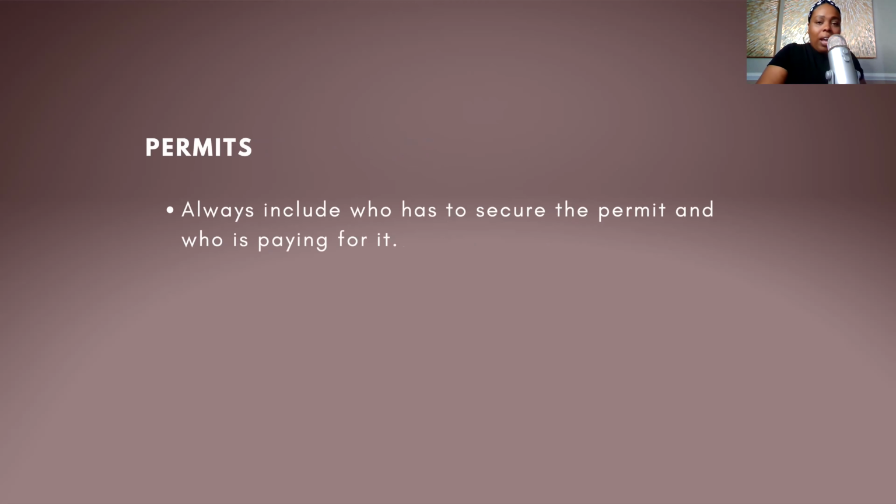Permits. So a lot of clients are interested in shooting in different locations. This applies to weddings. This also applies to a lot of other shoots, right? So if you're going to a really cool location, a lot of times, especially in major cities, there are permit requirements. And a permit requirement is usually something you have to get ahead of time.